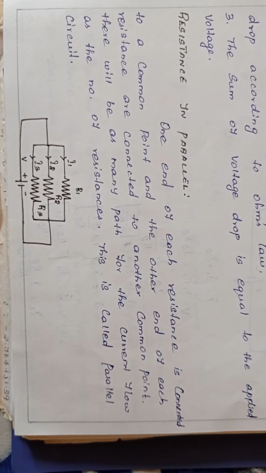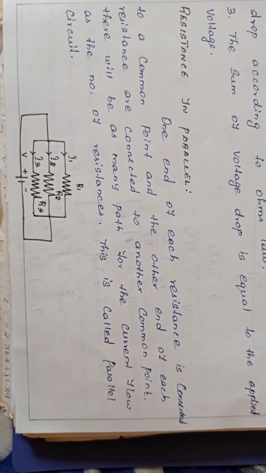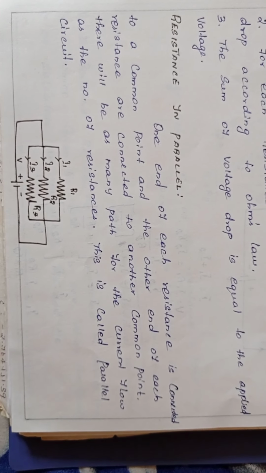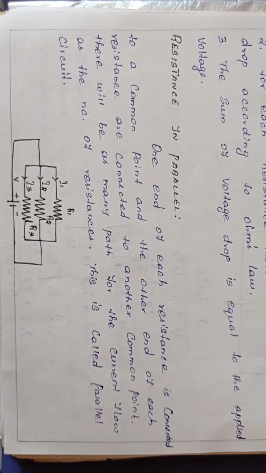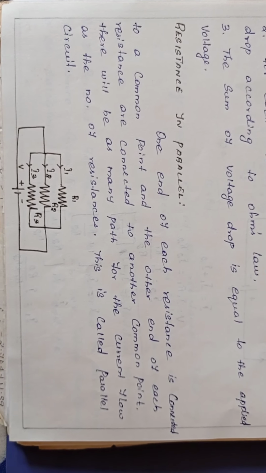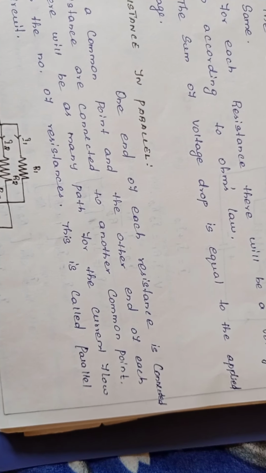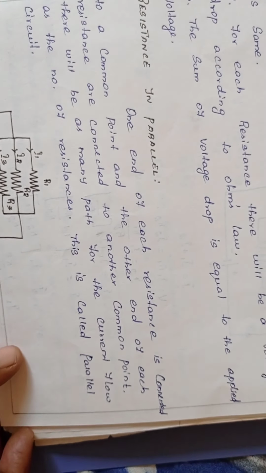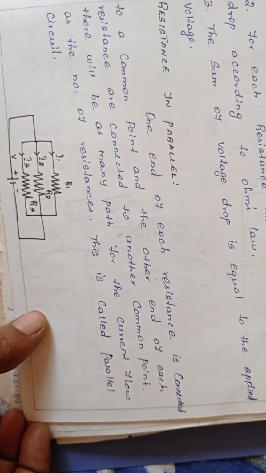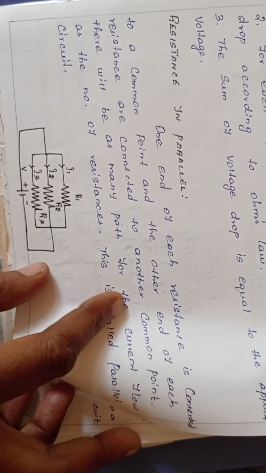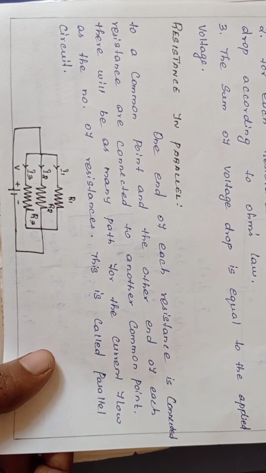So this diagram shows R1, R2 and R3 as the resistances connected in parallel to the common point, and I1, I2, I3 as the currents flowing through them, which is connected to the voltage source V, plus and minus.